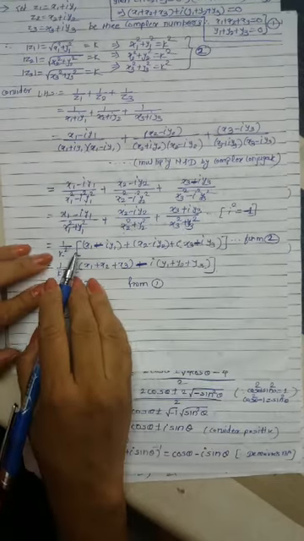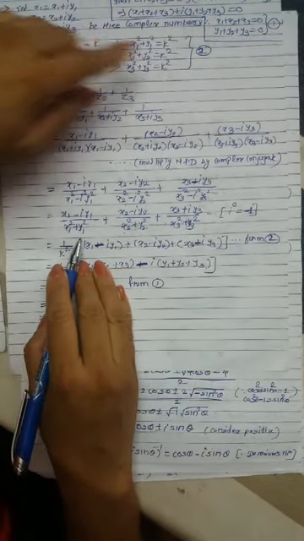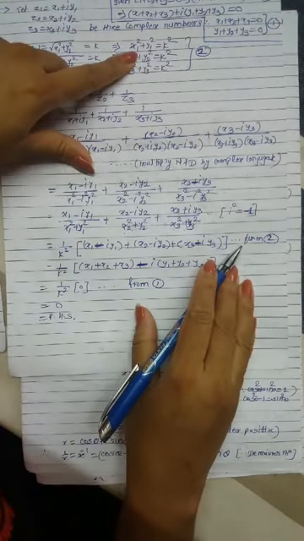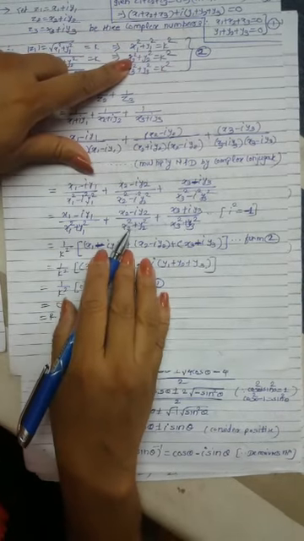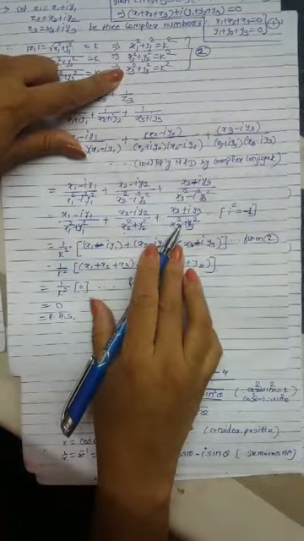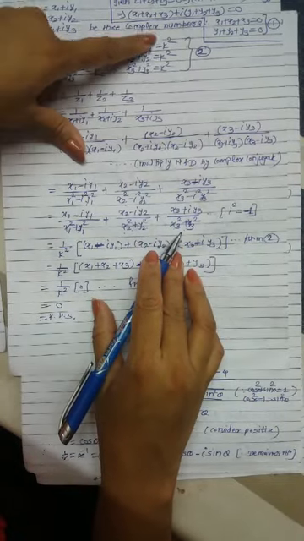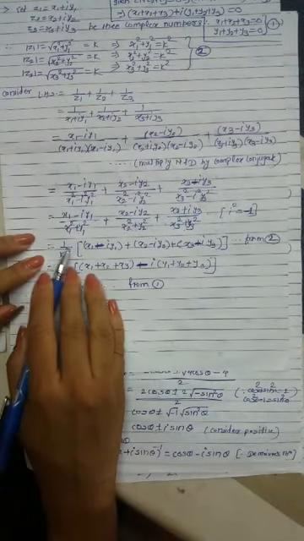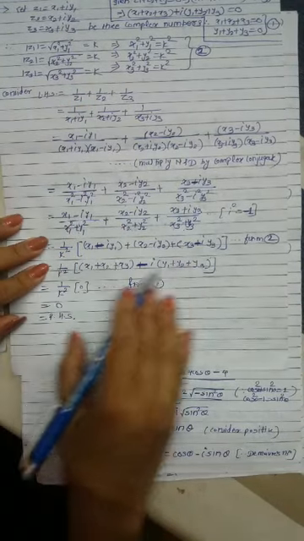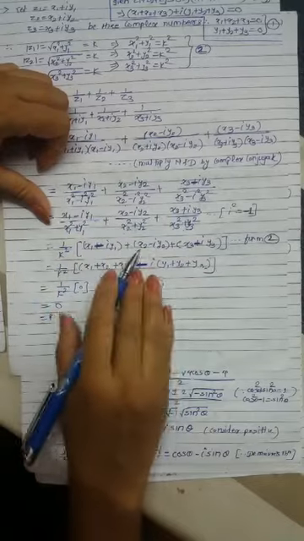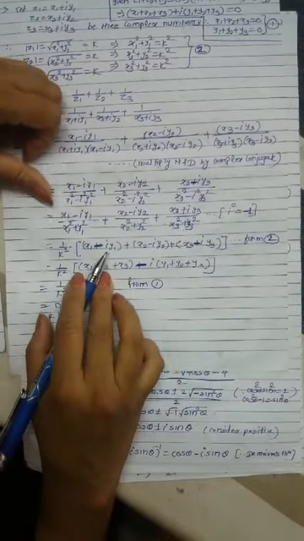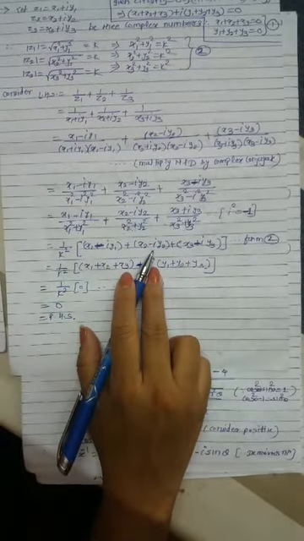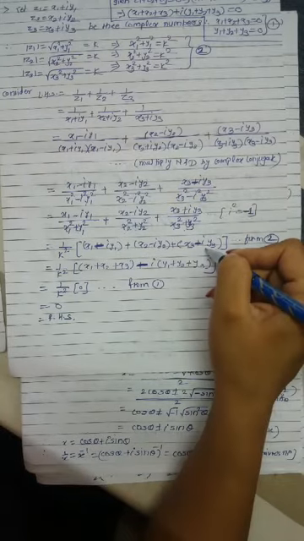Now we know from the given conditions that x1 square plus y1 square, x2 square plus y2 square, x3 square plus y3 square is the value k square. Take it common, we get 1 upon k square, and in the bracket the addition of these three terms: x1 minus iy1, x2 minus iy2, x3 minus iy3.